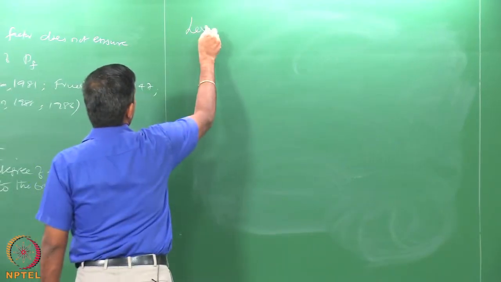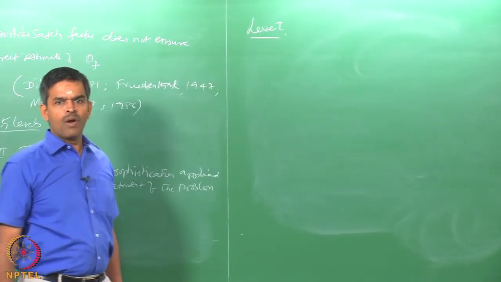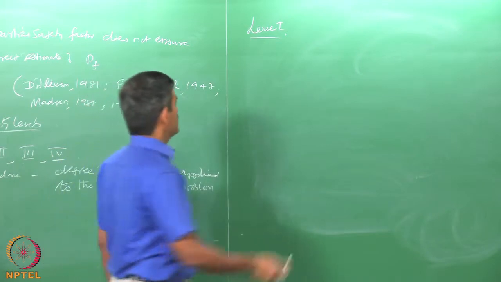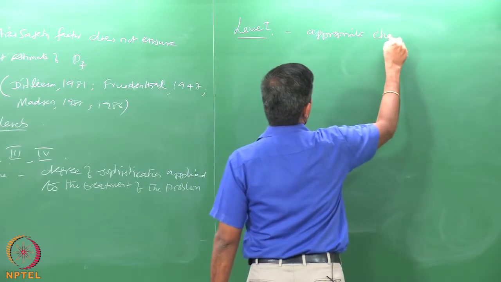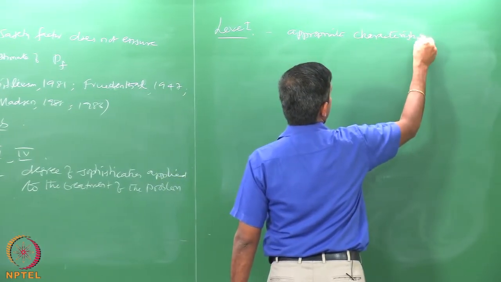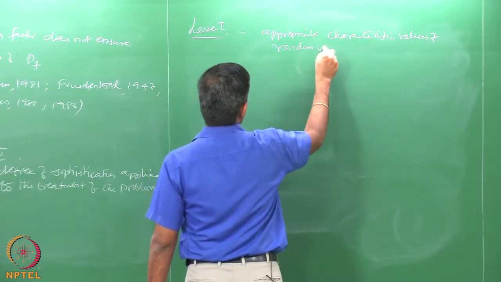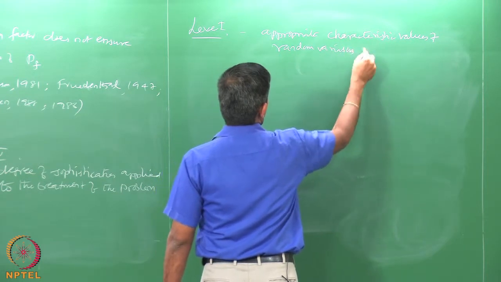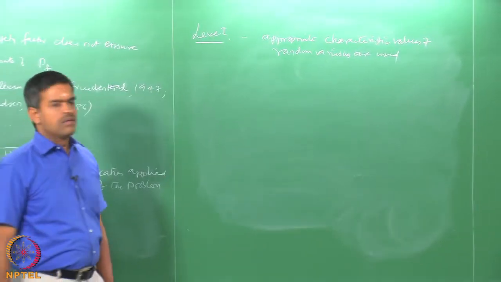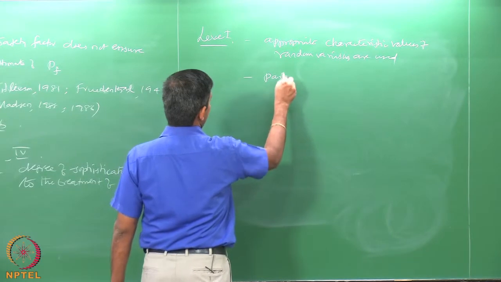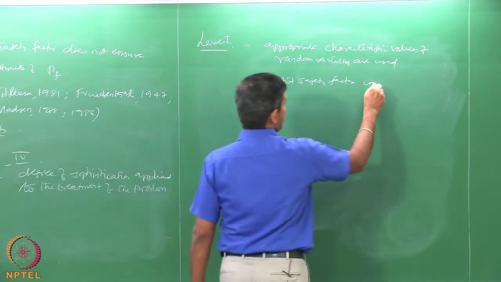In level 1, people use appropriate characteristic values of random variables. Characteristic values of random variables are used in level 1. They are used as partial safety factors in the design.